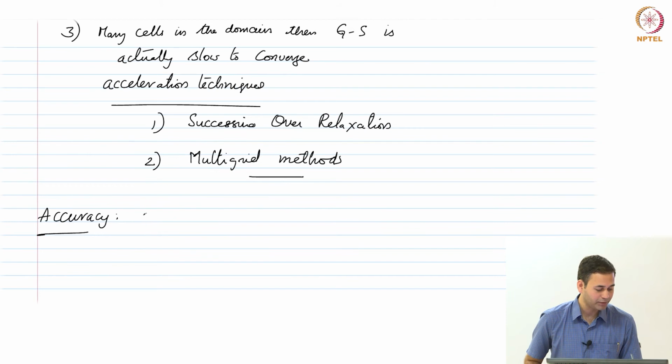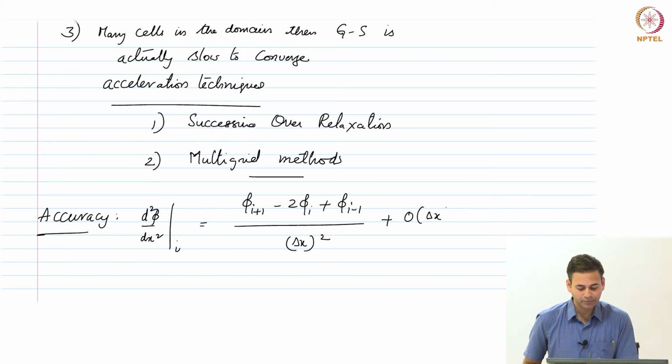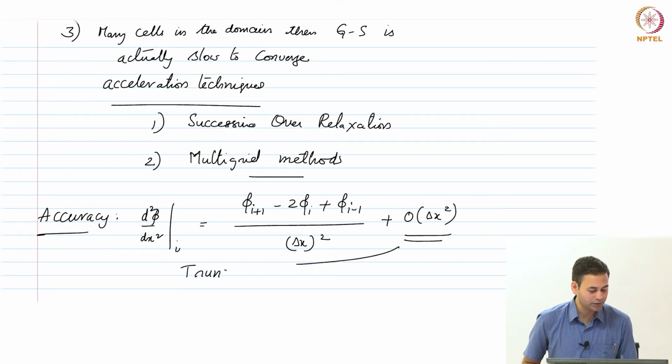For example, if we have d square phi by dx square at a certain point I, we had an expression yesterday in the context of finite difference methods: phi I plus 1 minus 2 phi I plus phi I minus 1 upon delta x square, plus we said we have neglected terms of order delta x square. This we have called truncation error, because we are truncating these terms.